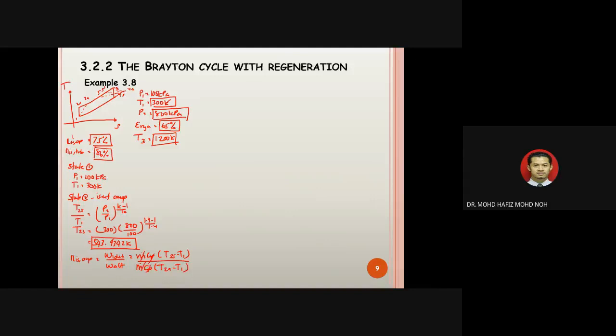Putting the values, the isentropic efficiency of the compressor is 0.75, T2S is 543.4342 minus T1, which is 300 Kelvin, divided by T2 actual minus 300 Kelvin. From here you get T2 actual, which is 624.5789. Okay, so you solve for this one.